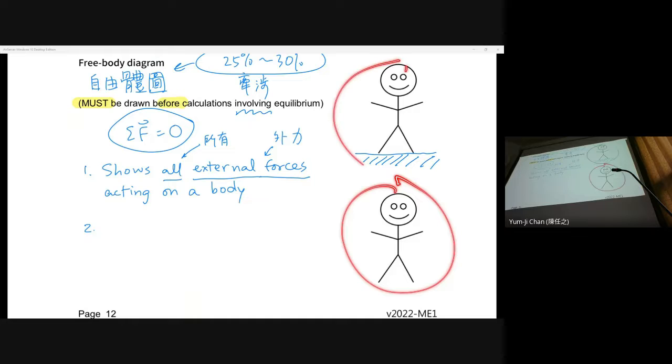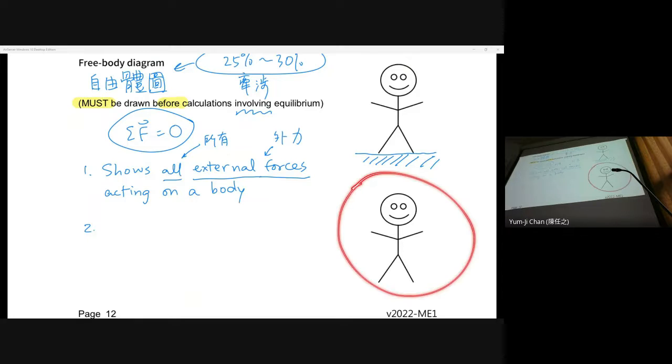Of course, there are forces, right? You have learned in physics that if you are standing on the floor, there is Newton's first law, and we have Newton's third law. We have action and reaction, right? So how should we draw the free body diagram?